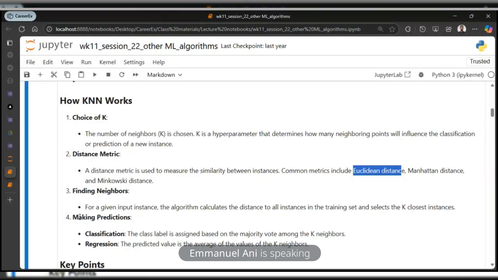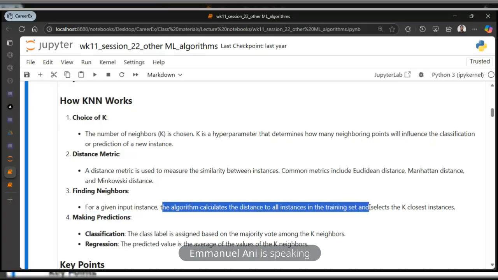This is how it finds your neighbors, right? For a given input instance, the algorithm calculates the distance to all instances in the training set. So this is what KNN does. Instead of training and learning and calculating errors and all of that, it just calculates the distance to all the instances.